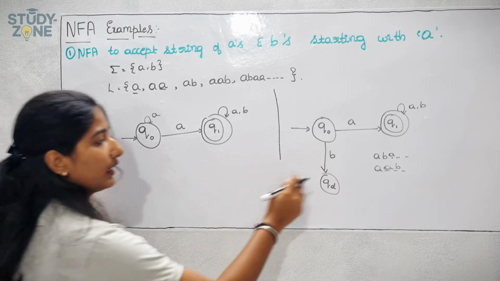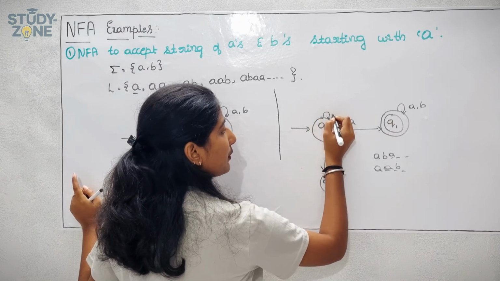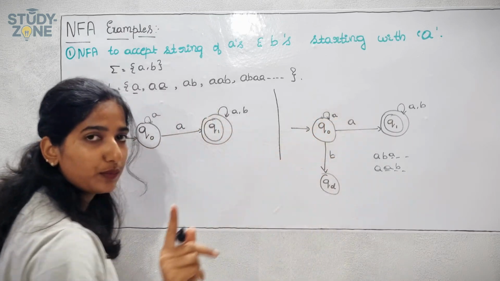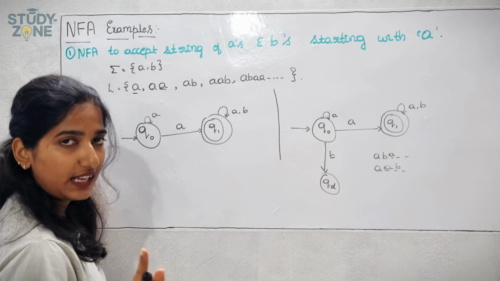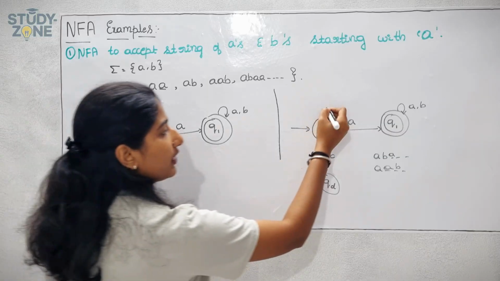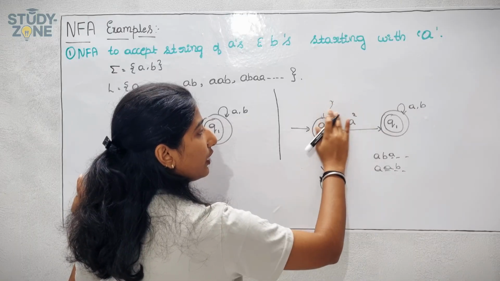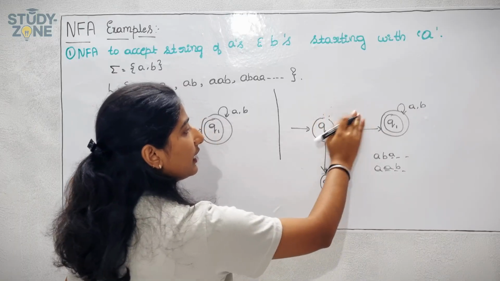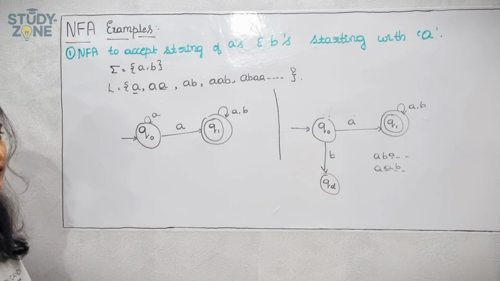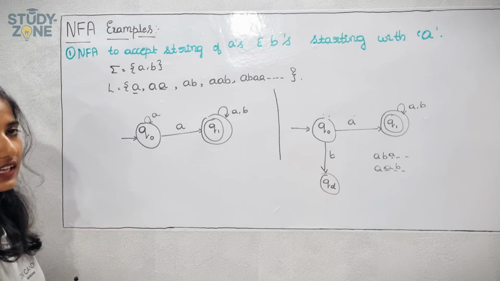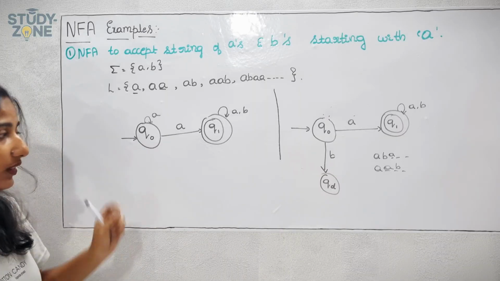In DFA we can't write it like this, because for one input symbol there should be only one transition for each state. But here there are two transitions. This one is also wrong in DFA, but in NFA we can represent it like this also. So this is correct in the case of NFA.